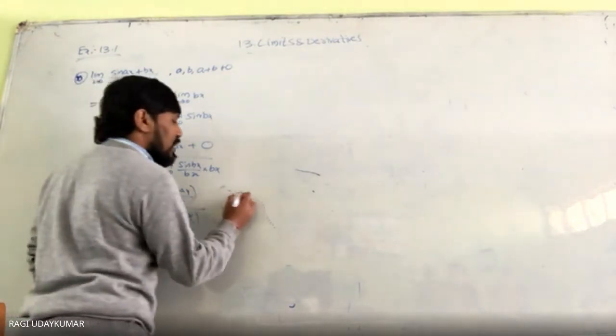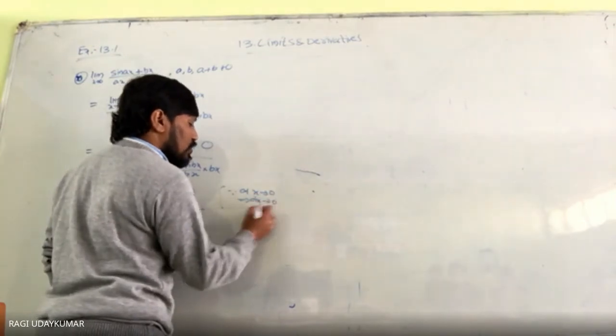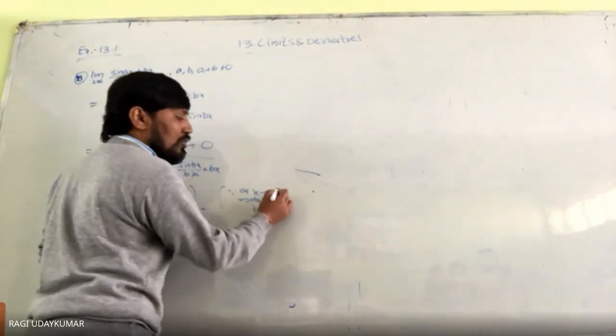Here in the brackets you write: as x tends to 0, ax also tends to 0, and bx also tends to 0.